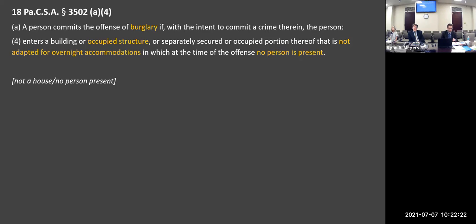So we'll start with 3502(a)(4), which is: a person commits the offense of burglary and enters an occupied structure that is not adapted for overnight accommodation, which at the time of the offense, no person is present. So we could think of this as not a house and no person present.